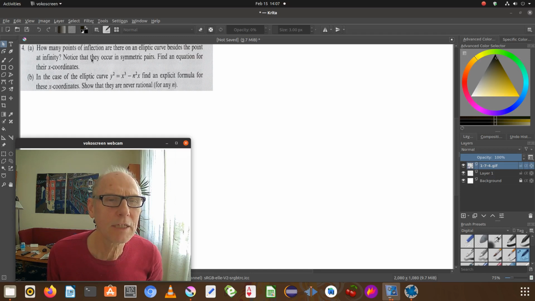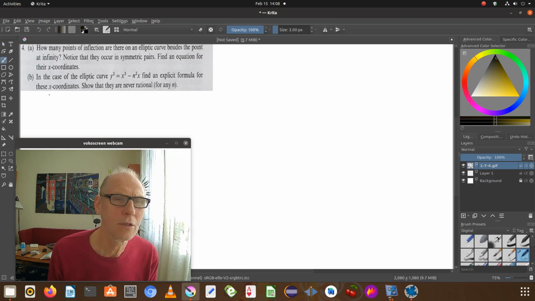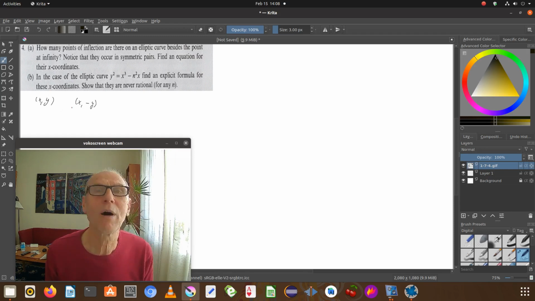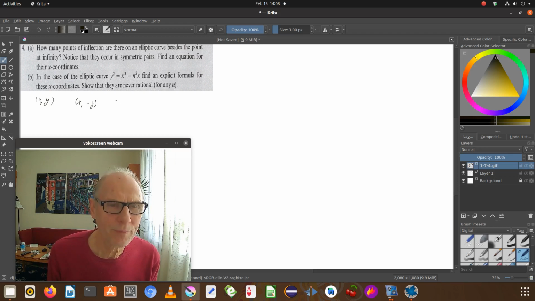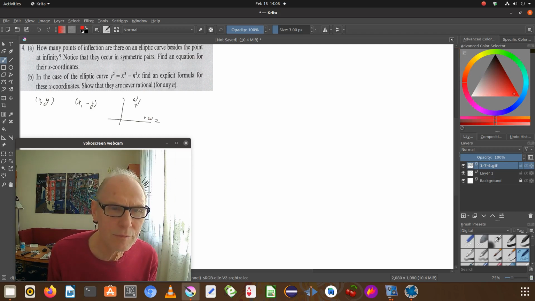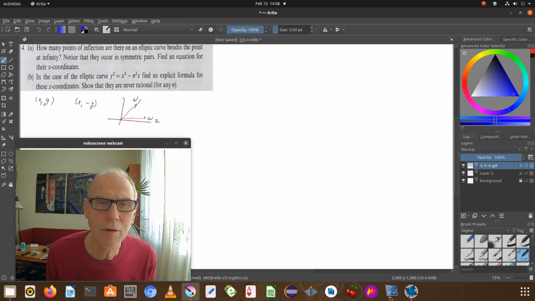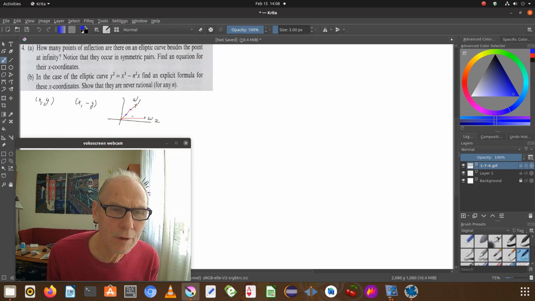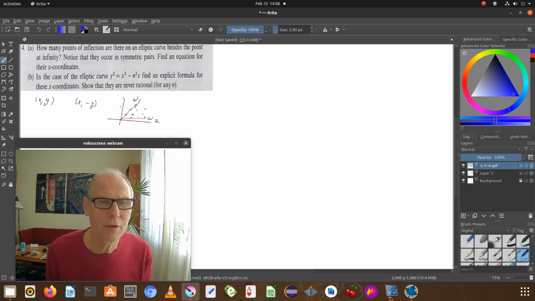Notice they occur in symmetric pairs. So that means if x, y is a point of inflection, then x, minus y is as well. That was omega 1 and omega 2.